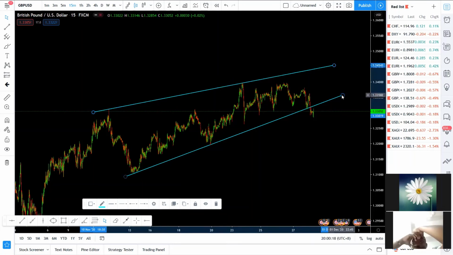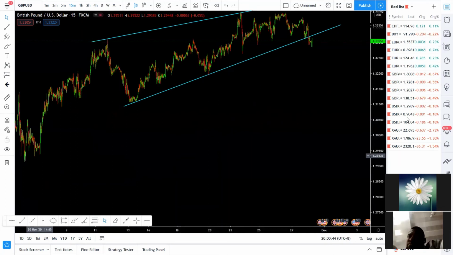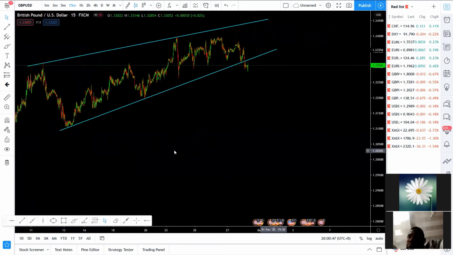This was the initial market structure, and so it broke. It retested, but it has not moved to this level. Okay, it has broken it. It must retest up to this level, and then it will drop, and it will go down, maybe come to this level here, or further down to this level here. So that's the expectation, and there's also an upward channel.